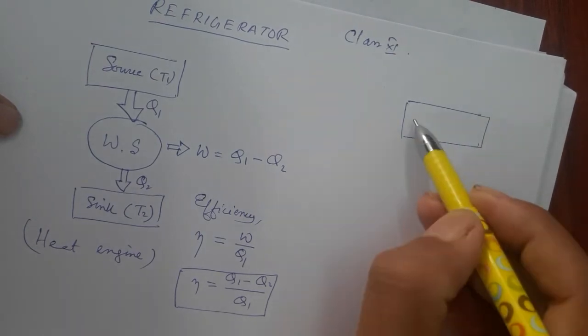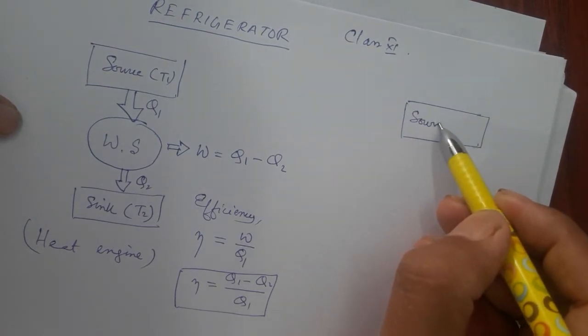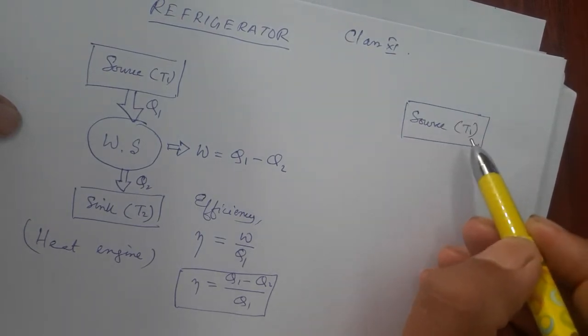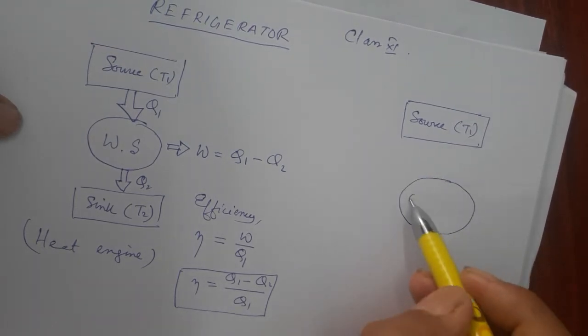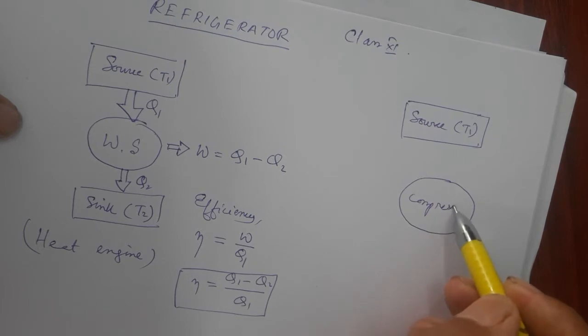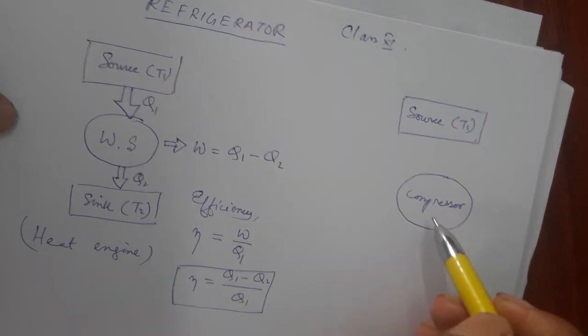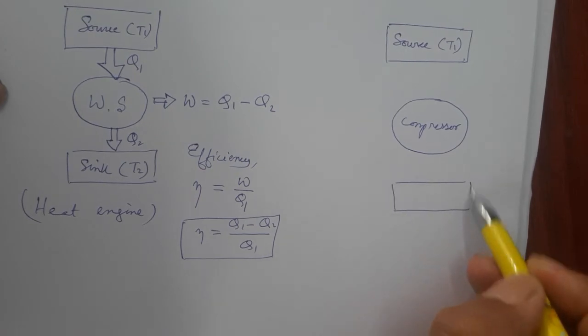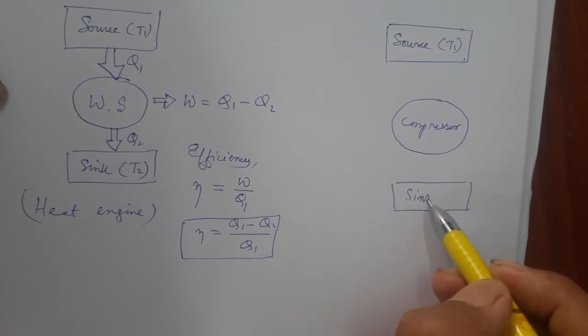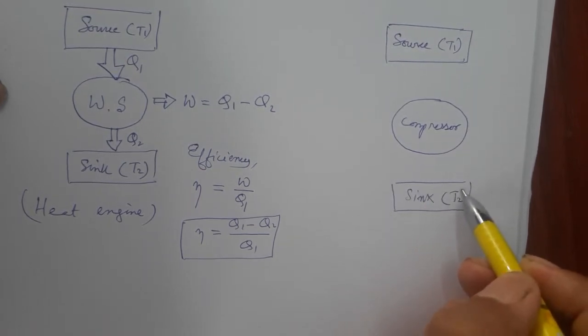This was the efficiency. Now, in opposite to this heat engine, when you draw the block diagram, here should be the source T1, and here should be the compressor of the refrigerator, and here should be the sink again. This is kept at lower temperature T2.